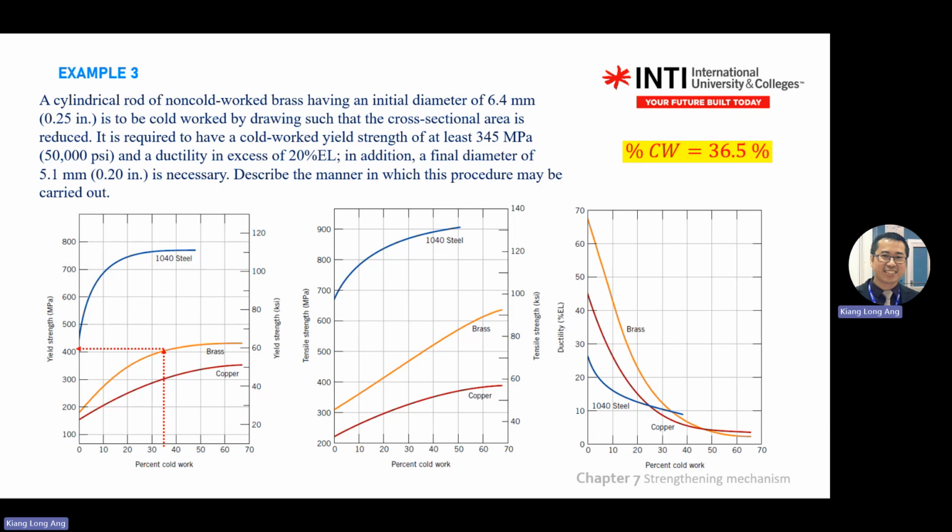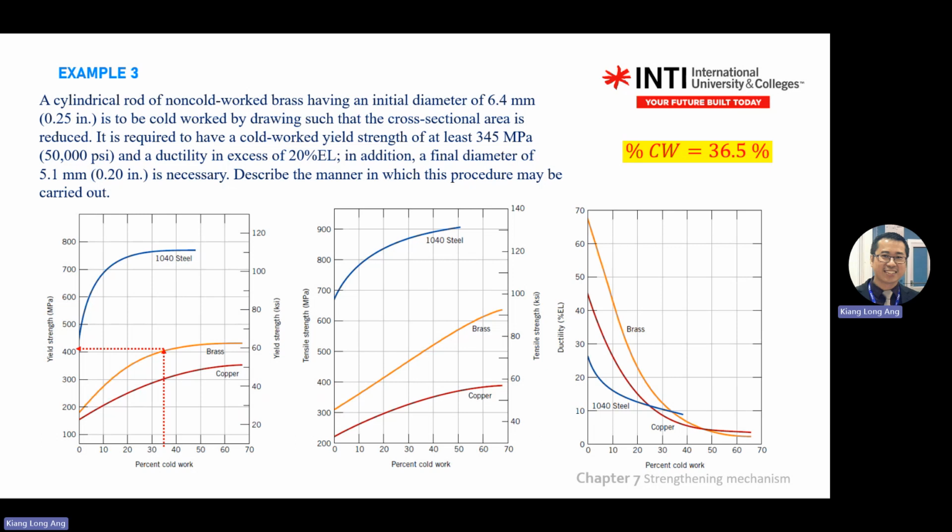Can. Because the customer says you need a minimum of this, but if you do 36% or 36.5%, you get more than 400. So actually the first test has already passed. It means if you do 36.5% cold work, your yield strength passes.